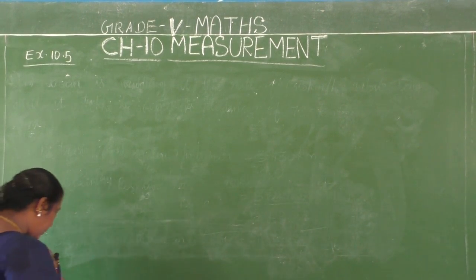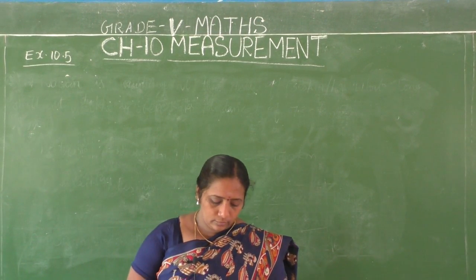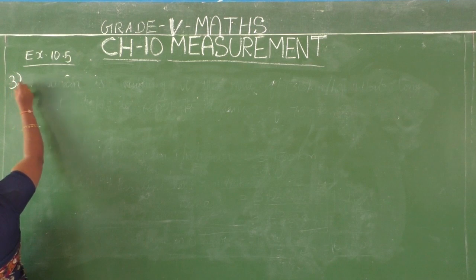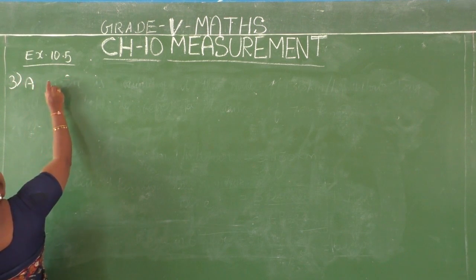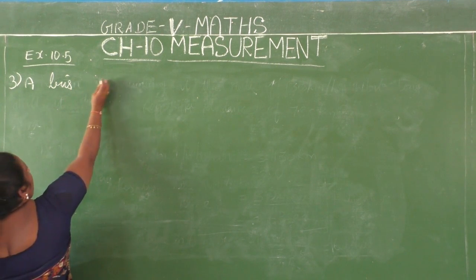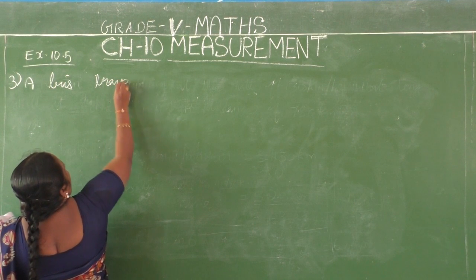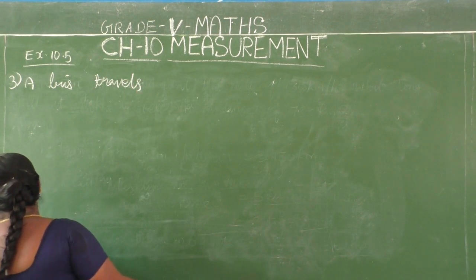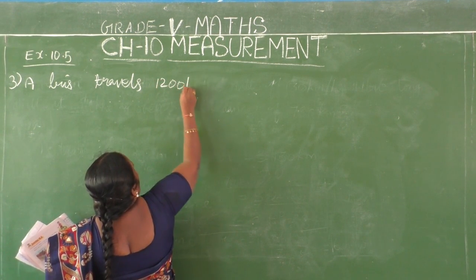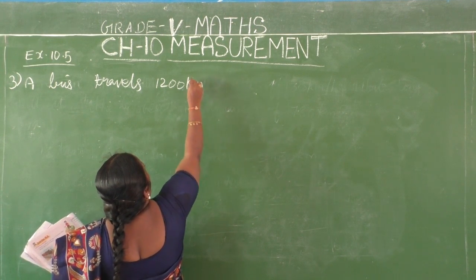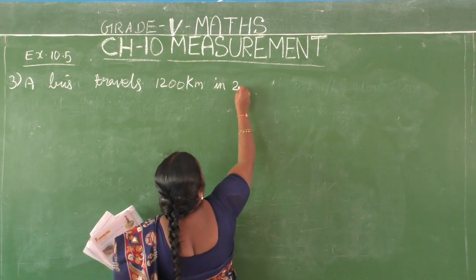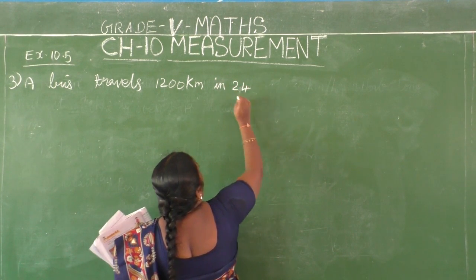Okay ma, next one, third one. A bus travels 1200 kilometer in 24 hours.